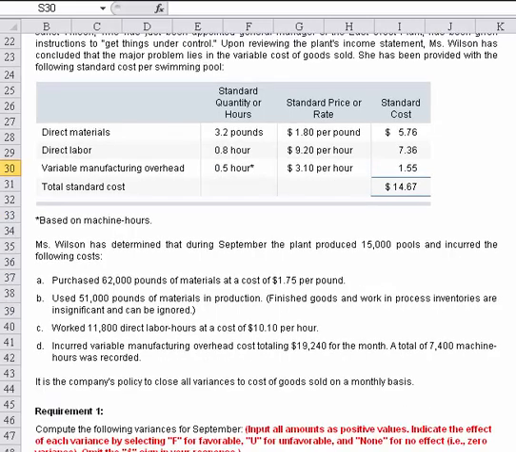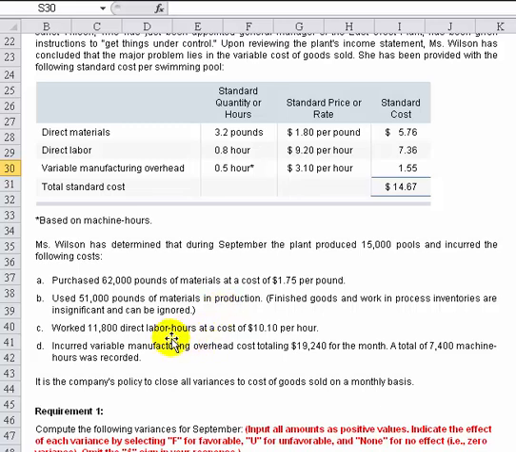All right, a little bit more information now. She's determined that in September, the plant produced 15,000 pools and incurred the following costs. So I'm reading down here again. She purchased 62,000 pounds of material at a cost of $1.75. She used 51,000 pounds of material in production, and finished goods and work in process inventories are insignificant, so we'll ignore that.